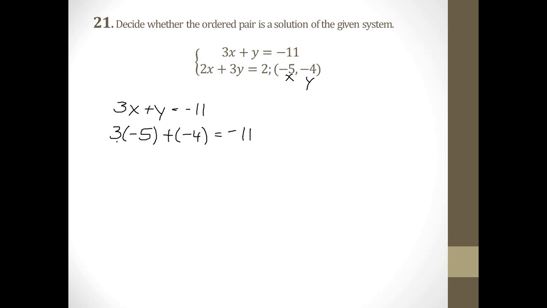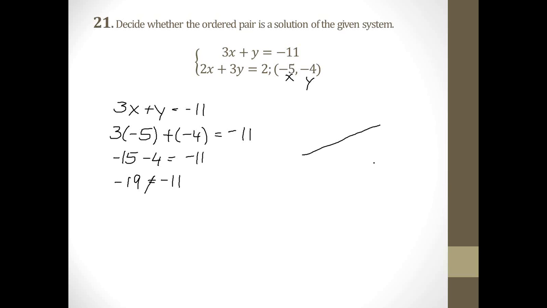Let's check if that is true. 3 times -5 is -15, and then plus -4 is equal to -11? Now, -15 minus 4, you are tempted to say it's 11, but remember you're adding in the negative direction, so that would be -19, which is definitely not equal to -11. So that means this point is not on the first line.